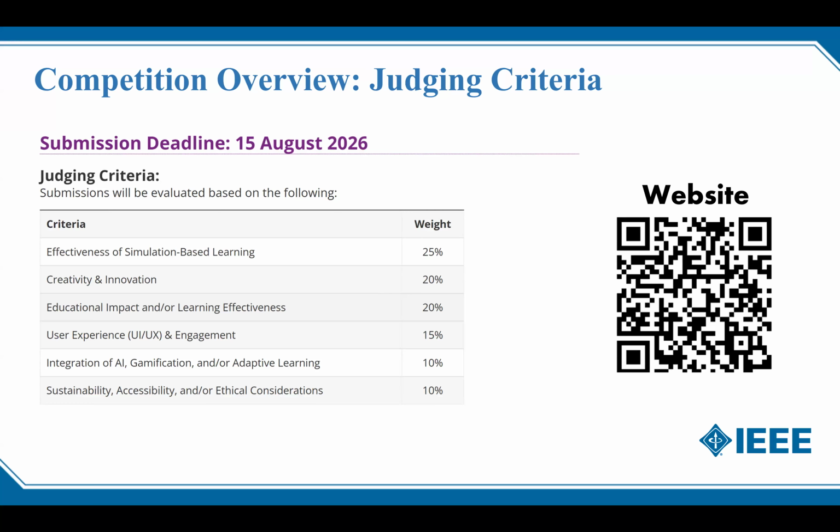In other words, how well does your simulation help users learn, practice, or develop skills? The next major criteria are creativity and innovation, and educational impact, each contributing a percentage of the score.